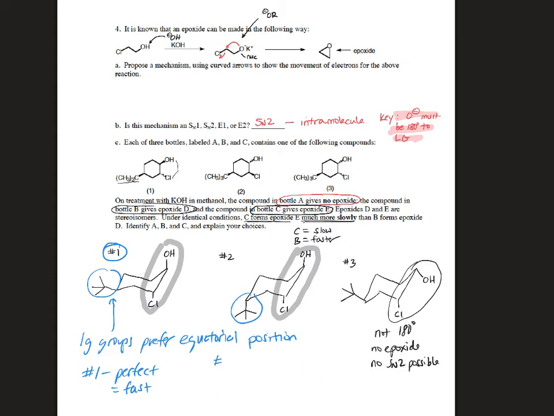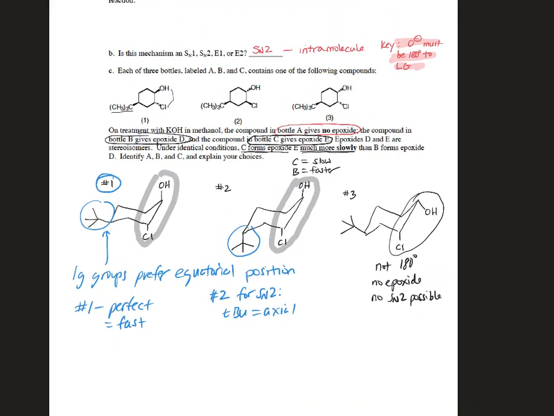Number 2, in order to get the OH and the Cl 180 degrees like they are, for that SN2 reaction to occur, that tert-butyl is axial. That is definitely not the preferred position.